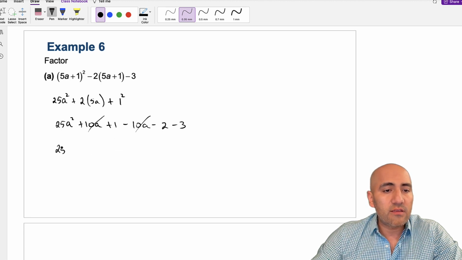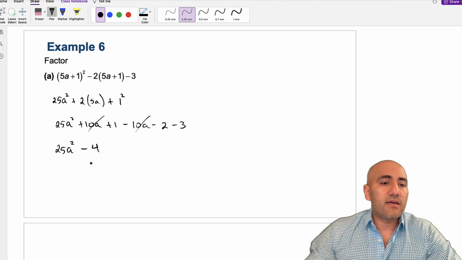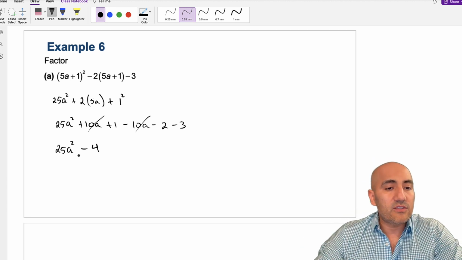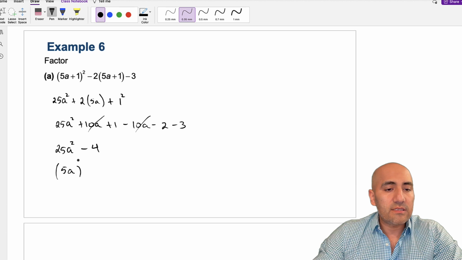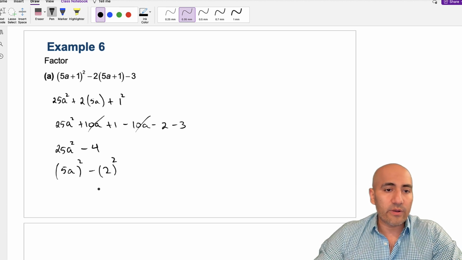So that would be 25a squared, and this becomes a minus 4. Good. So that works out in this case because this turns into a difference of squares, right? I can rewrite this as (5a) squared minus 2 squared, and I have a difference of squares.